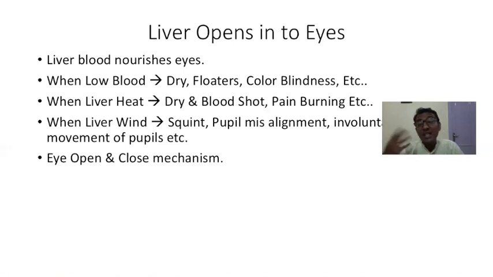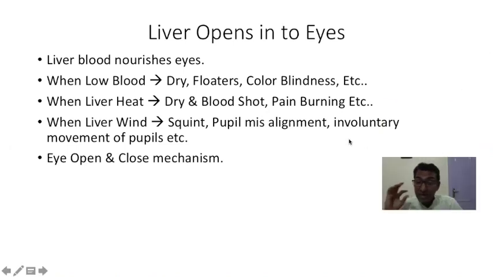But if there is excess heat in the liver, it can once again cause dry eyes, bloodshot, red eyes, pain, burning, etc. And if there is excess wind in the liver, as I told earlier, squint eye, pupil misalignment, involuntary movement of the pupils, etc. All those things happen.